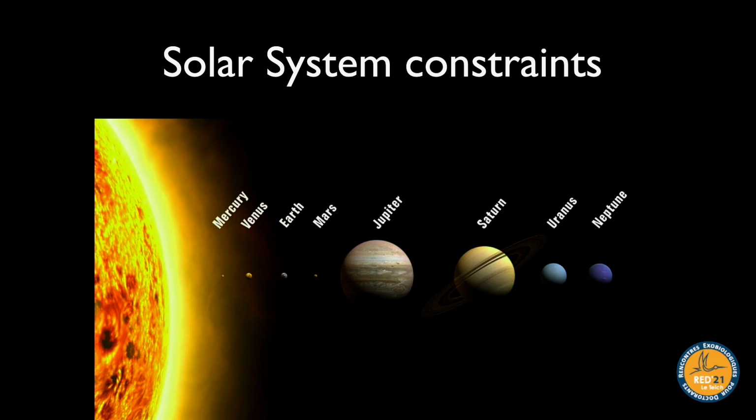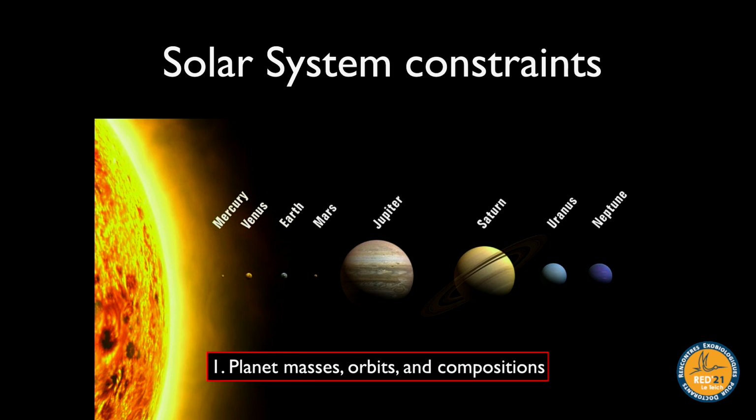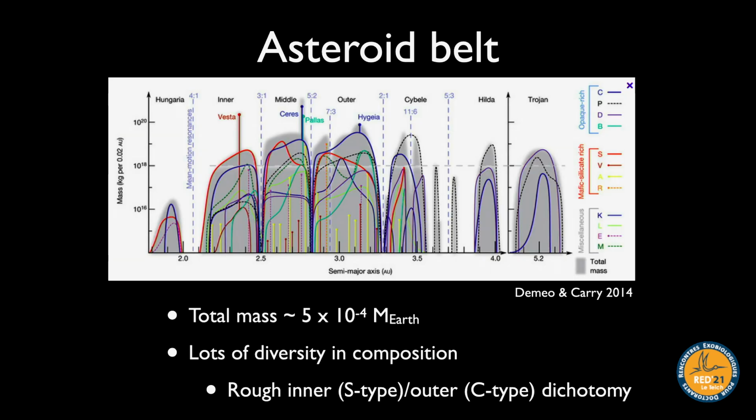So, solar system constraints. Again, these are the planets we've got. Any model that wants to reproduce the solar system has to produce something that looks roughly like this at the end. The key things are the planets' masses, their orbits, their compositions, and so on. There's the asteroid belt, which is the leftovers, stuff that did not get incorporated into the planets.